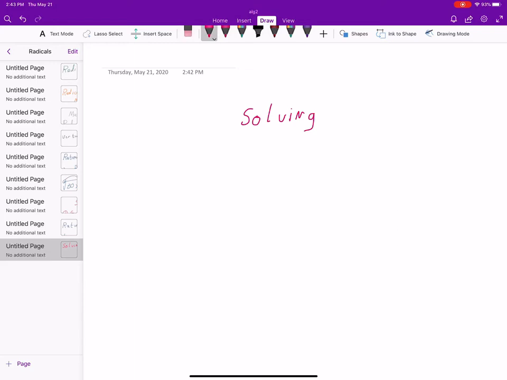The problem I noticed was something like this, where we had a square root of x squared plus 3 equals 2. When you do a problem like this, you want to get rid of that square root, so you're going to square both sides.